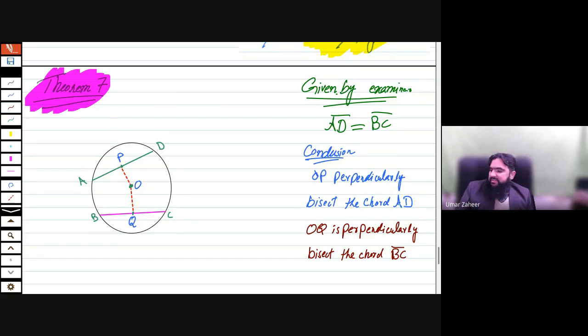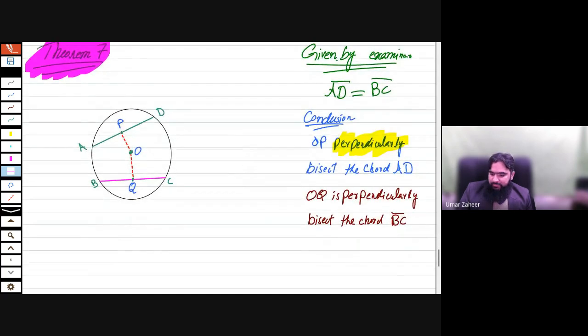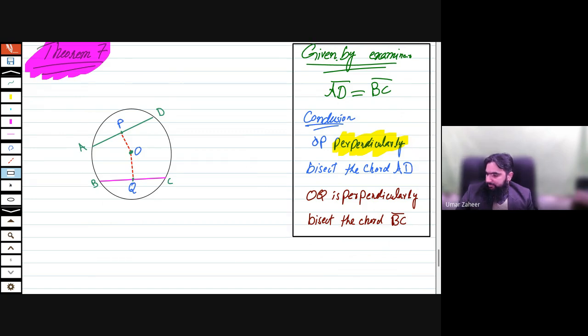So if this is given, we can make this conclusion. And you must be sure it is a perpendicular distance. Obviously we have this other distance as well, but it is not perpendicular. We're not talking about this one. In this one we have two phases. This is the first phase: if this is given, this is the conclusion.